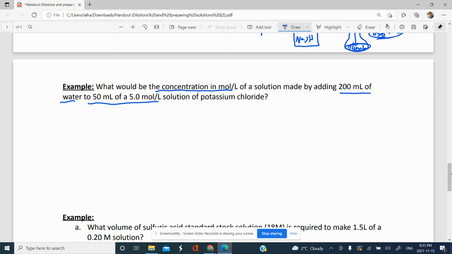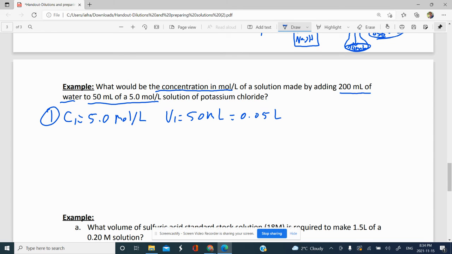Our solution is potassium chloride, and its starting concentration is 5.0 moles per liter. And we had a volume of 50 mils, or if you do 50 divided by 1,000, you get 0.05 liters.